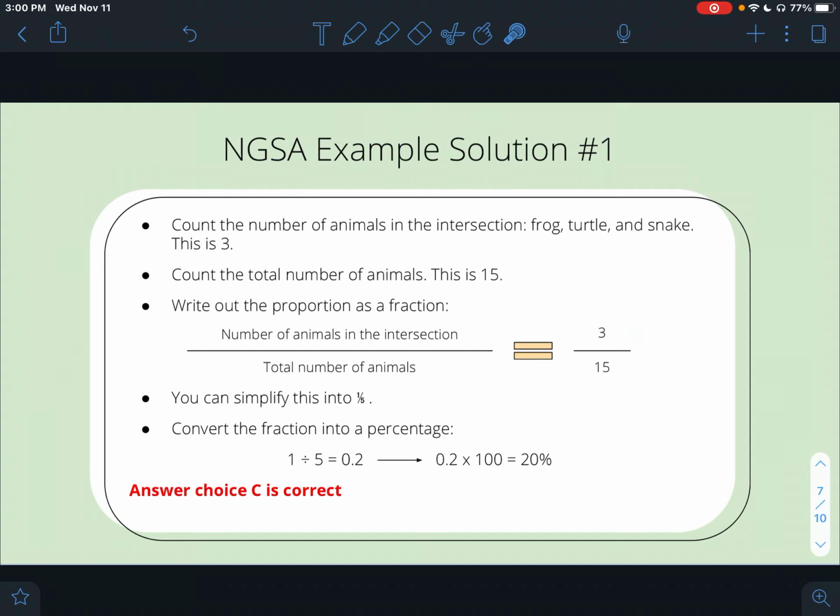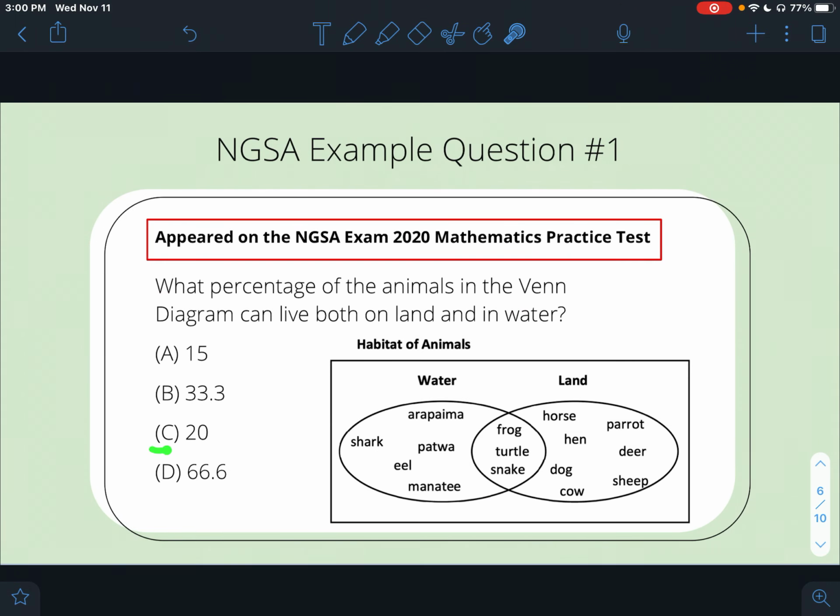To convert this fraction into a percentage, we divide 1 by 5 to get 0.2. Then multiply 0.2 by 100 to get the percentage 20%. Since 20% is answer choice C, answer choice C is correct.